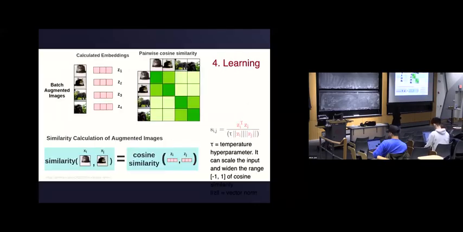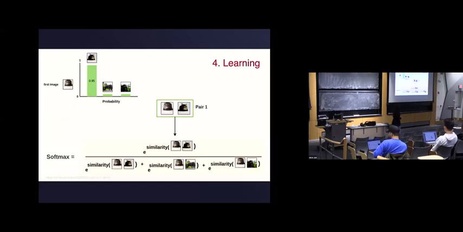So this is how you do learning. You take your batch, you have the ground truth similarity, you take inner products essentially, and make sure that these inner products are higher than the cat and the elephant inner product. All right. And essentially you have a type of softmax loss where you say, I want to make sure this is higher than the comparison of all other pairs in my batch.